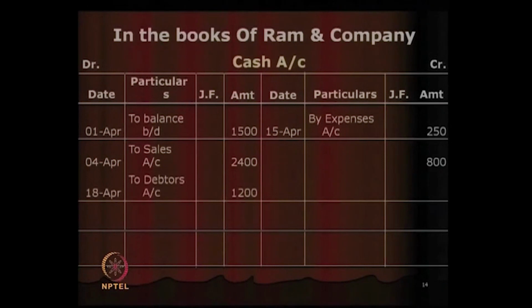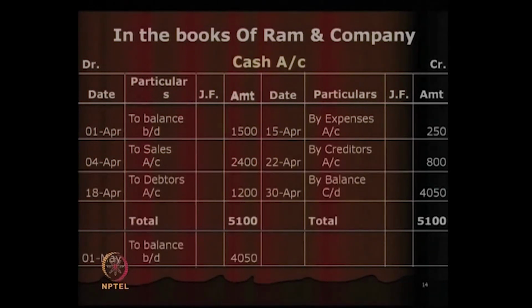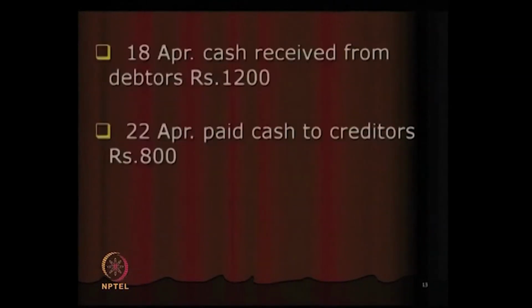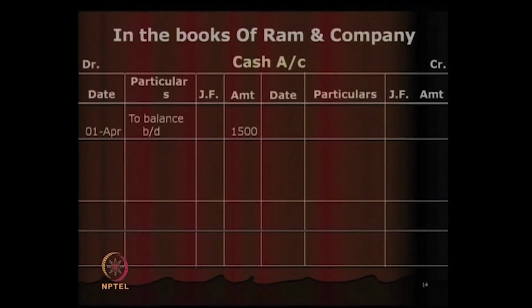Now all transactions related to cash are recorded in the cash account. So if you remember, there was a balance of 1500 in cash. I will just go back to make it more clear to you. So opening balances had cash of 1500. So in the cash account, first we start with opening balance of 1500.